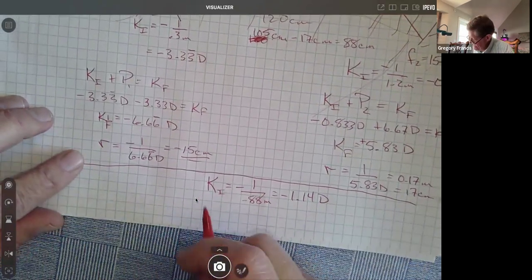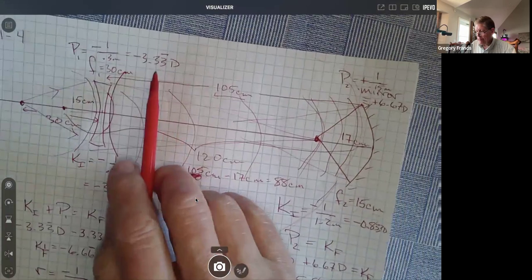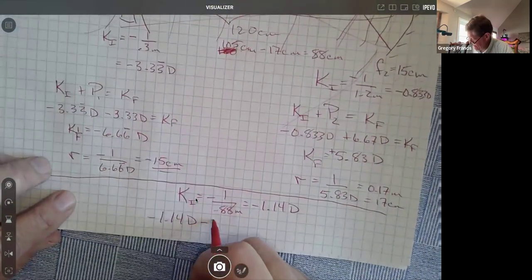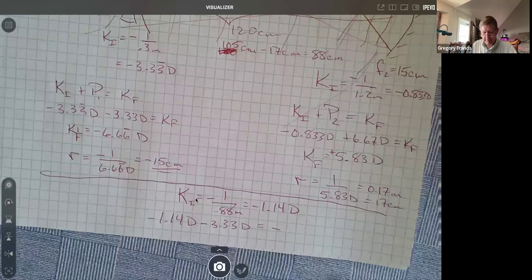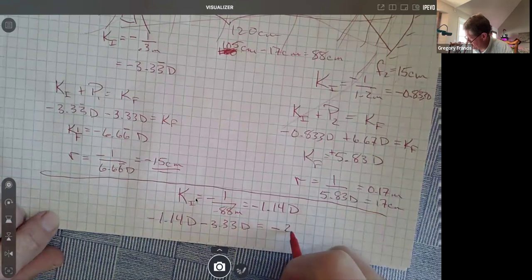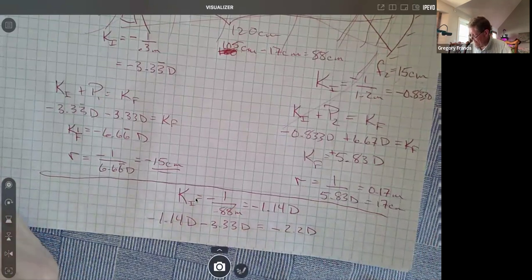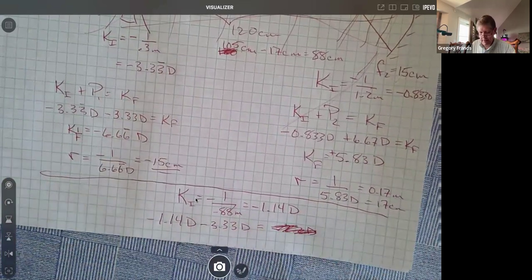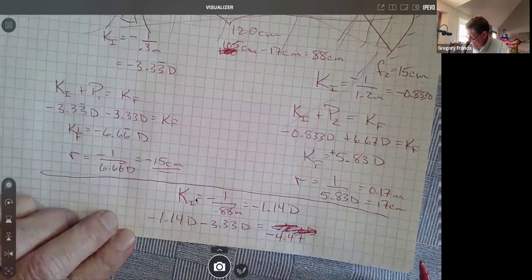Well, if I take negative 1.14 diopters and I add the power of that lens, which is negative 3.33 diopters, that's going to give me negative 4.47 diopters.